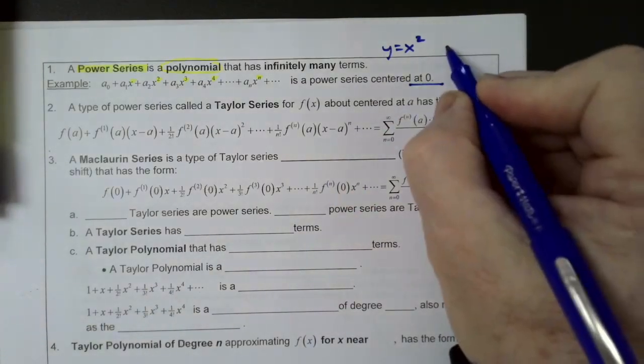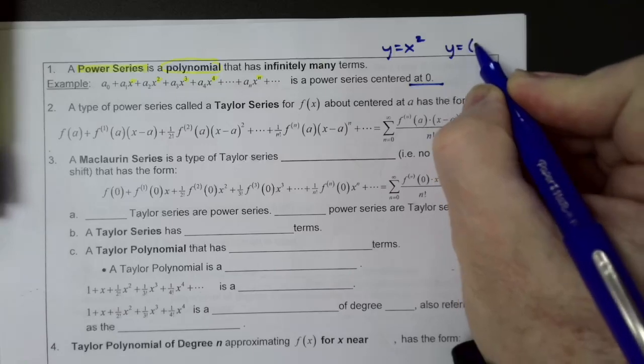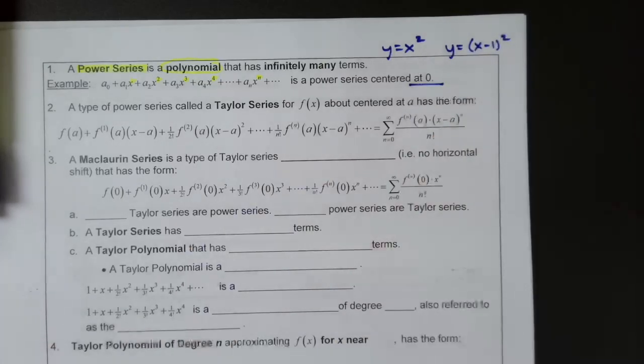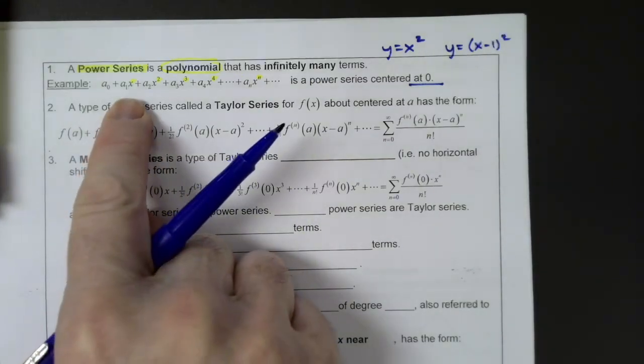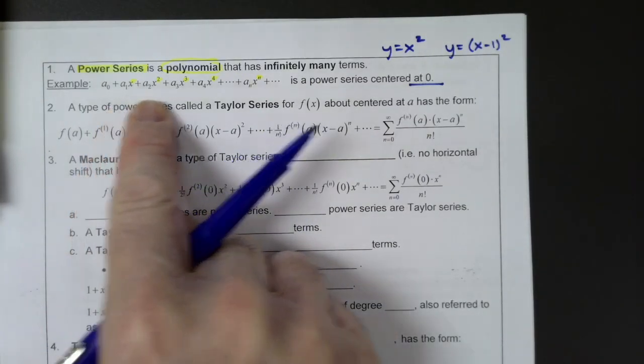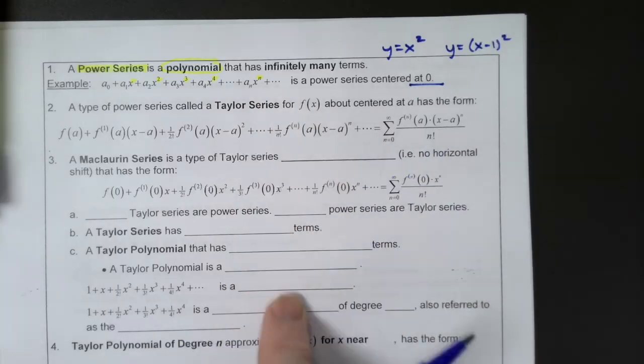And of course, if we wanted to change it to shift it to the right, we could do something like that. That's this idea of, okay, this one doesn't have any quantity of x minus 1s in it. Okay, so it's centered at 0.